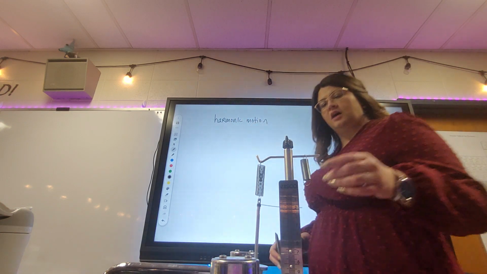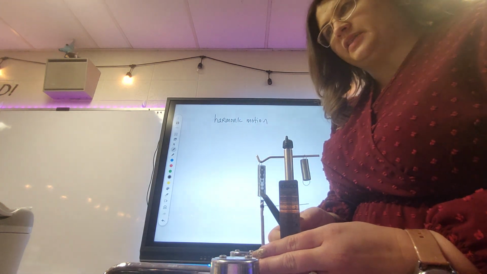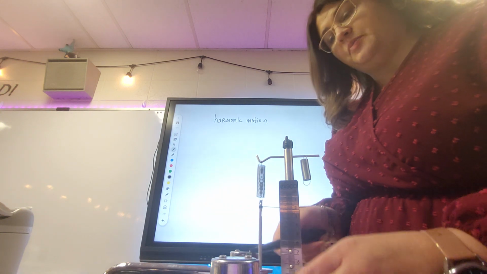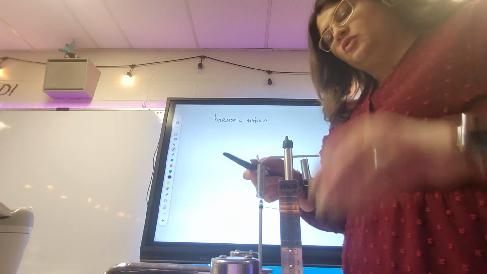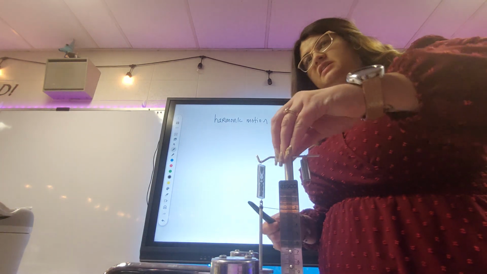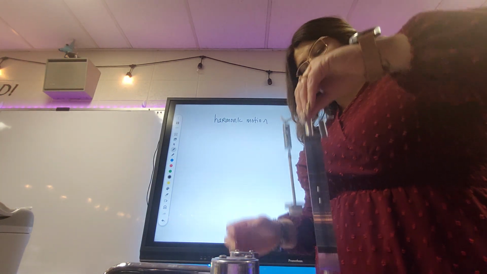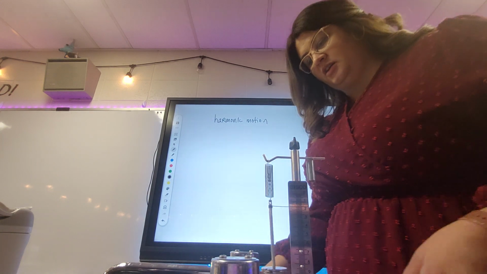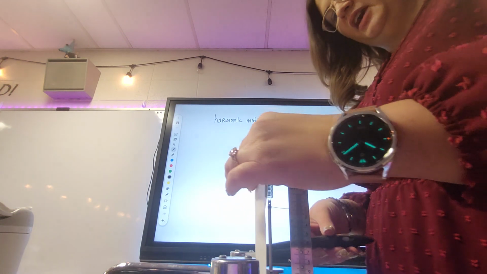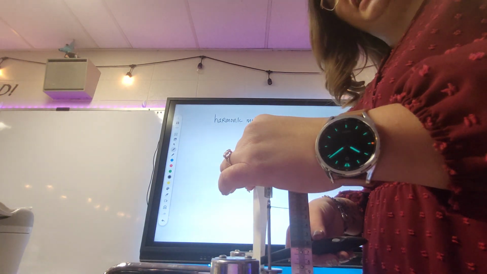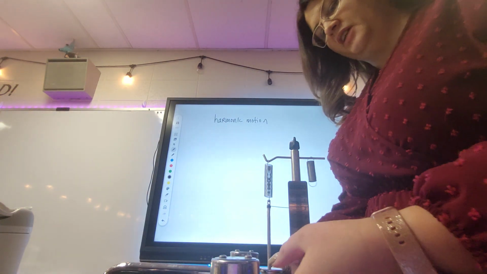If we had some way to make a recording of what was happening with this spring, we might want to think about it in a different orientation. Perhaps we would have a piece of paper here, and a little marker on the end of the spring, on the end of the weights.